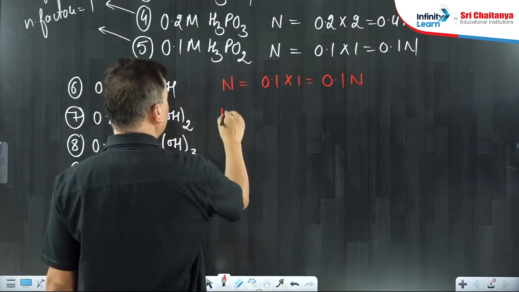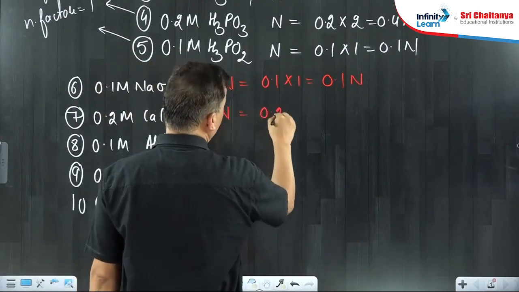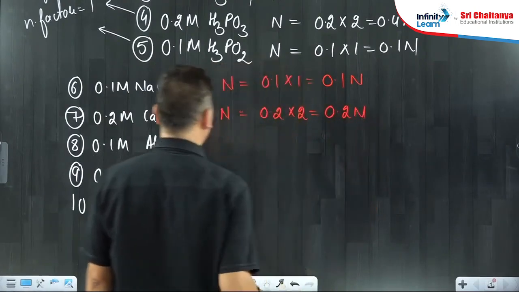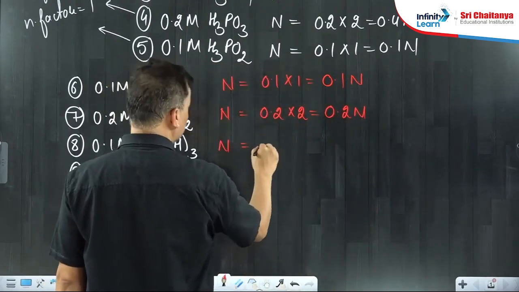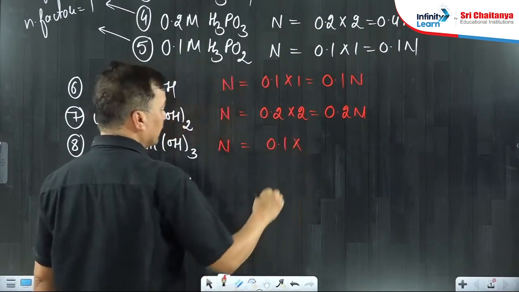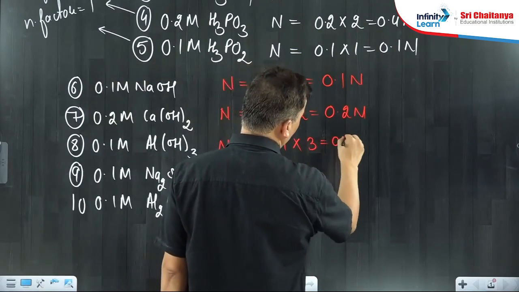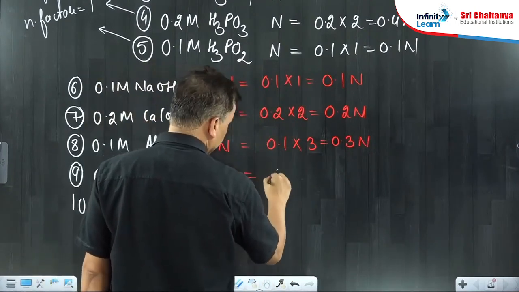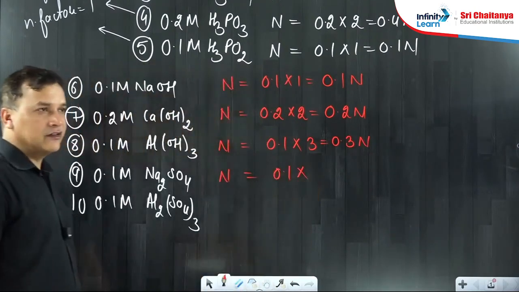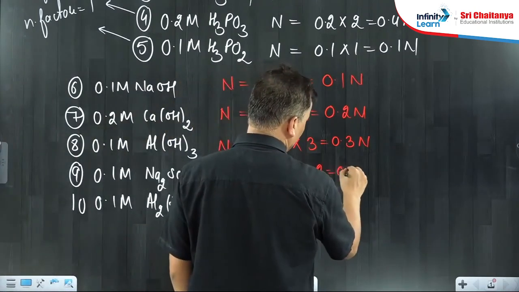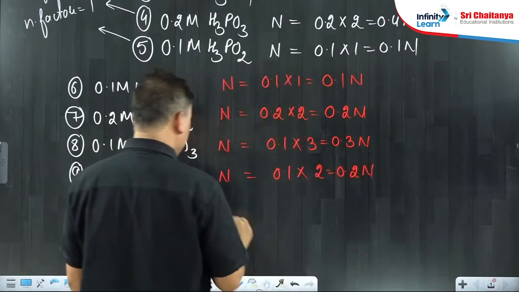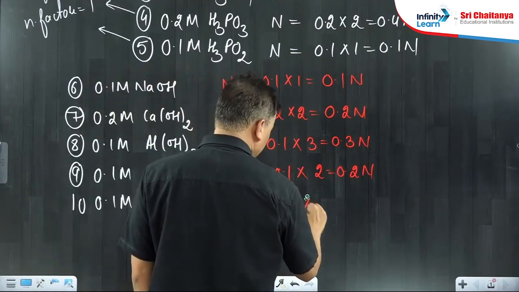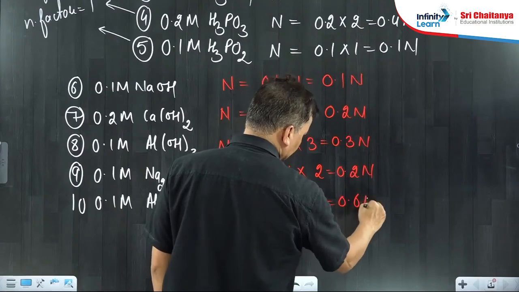Here normality, 0.2 into its n factor 2, that is 0.4 normal. This is 0.1, its n factor is 3, it is 0.3 normal. Here 0.1, its n factor is 2, 0.2 normal. Here 0.1 into 6, 0.6 normal.